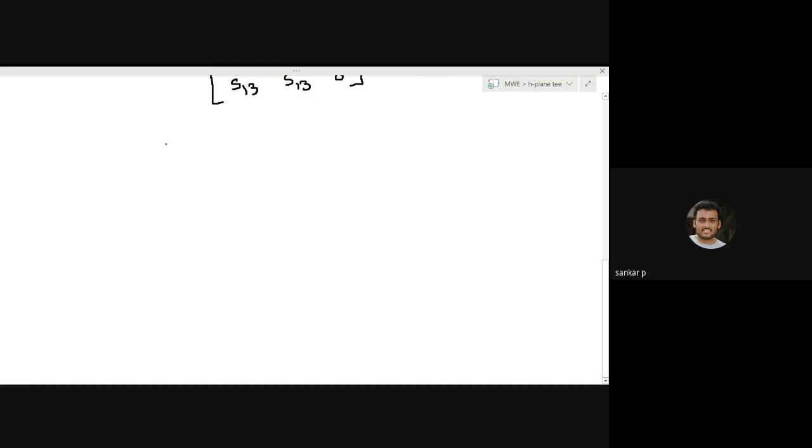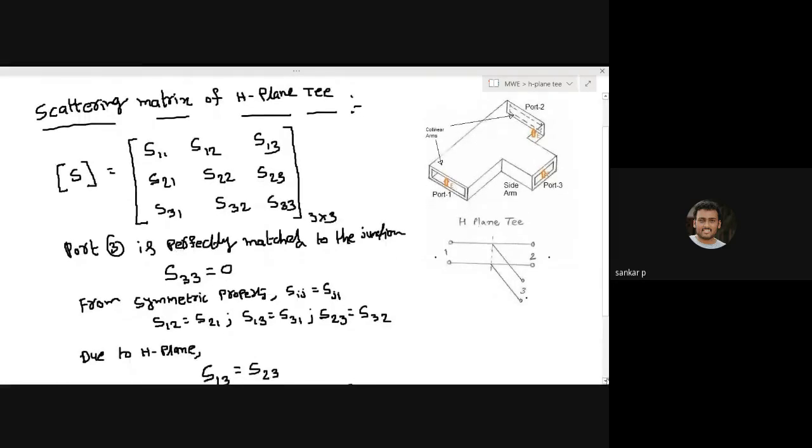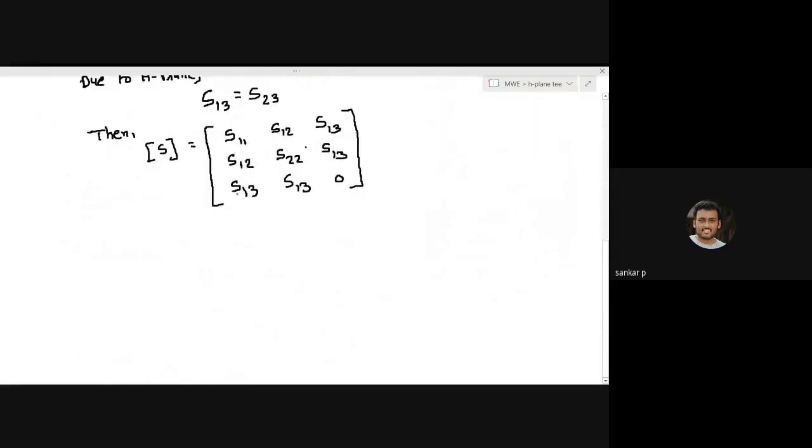Now this is the scattering matrix, a very basic scattering matrix.